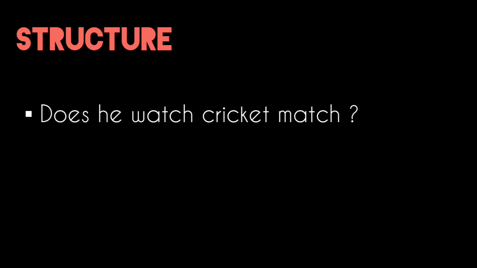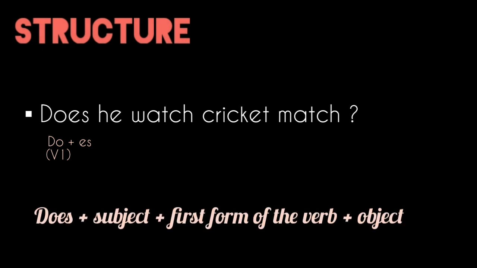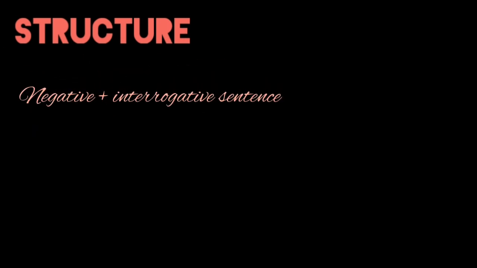Now, dear students, let us come to interrogative sentence. Does he watch cricket match? So, here again, do is the first form of the verb. We will use es with it and the structure will be does plus subject plus first form plus object. Object may be optional. Now let us take an example of a negative plus interrogative sentence.